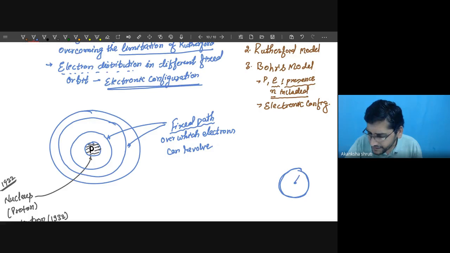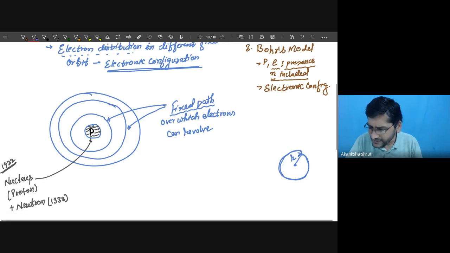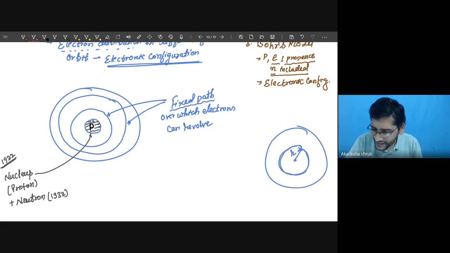With the help of the radius. It simply means this circular path has a fixed radius. So if this is the center, O, the inner radius I call R1, and the outer radius I call R2.